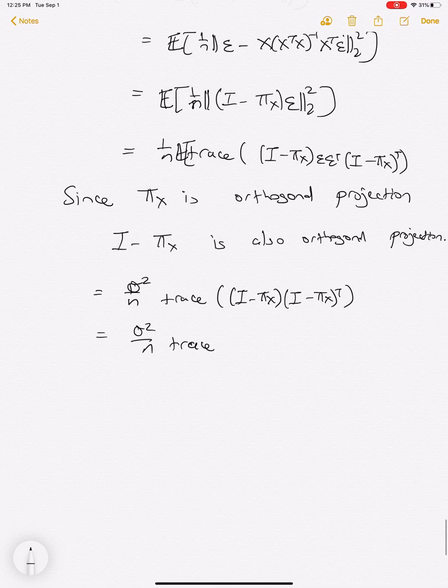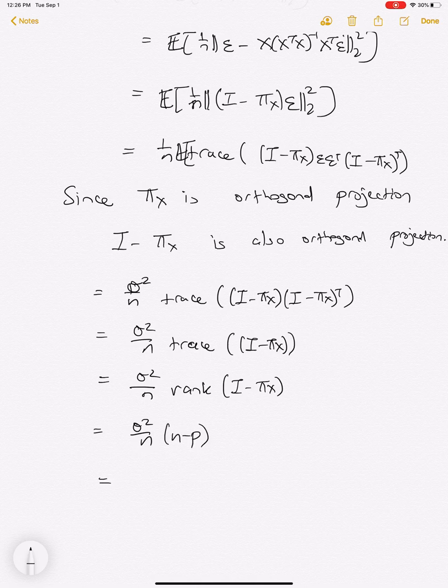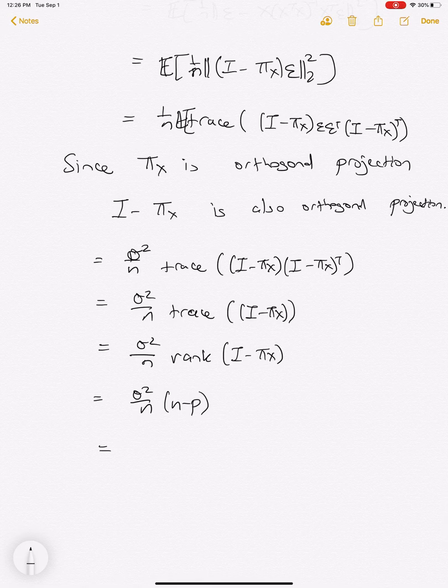We're again going to use properties of orthogonal projections here. Once again, for every orthogonal projection, the eigenvalues are 0 or 1, so this is just going to be the rank. So it's sigma squared over n, and then the rank of I minus the rank of pi x, so you're just going to get n minus p. So we get this very nice expression.